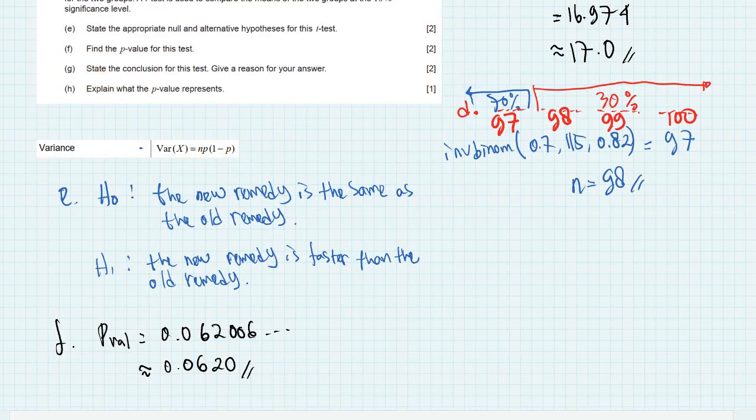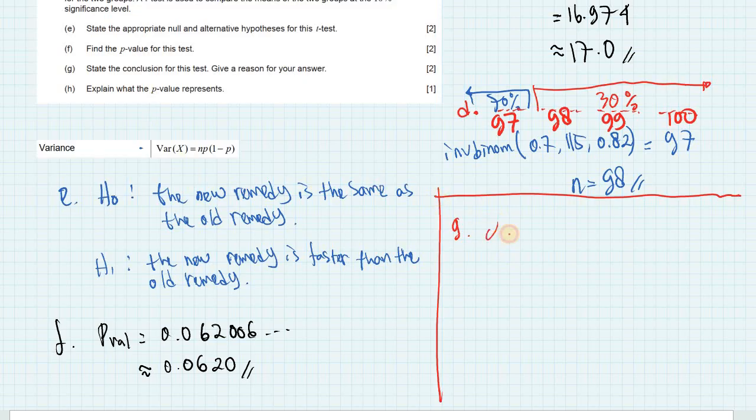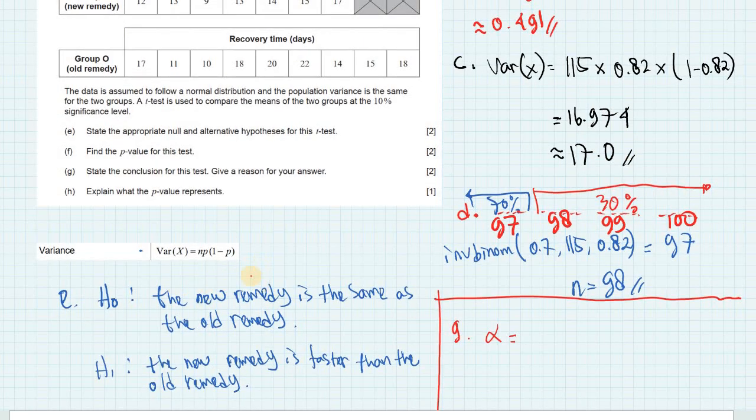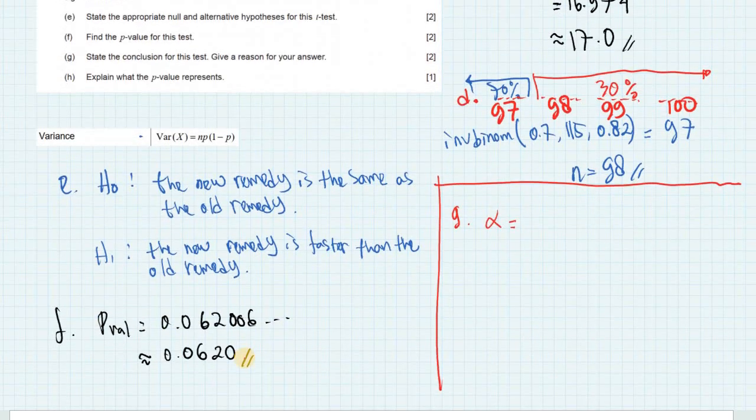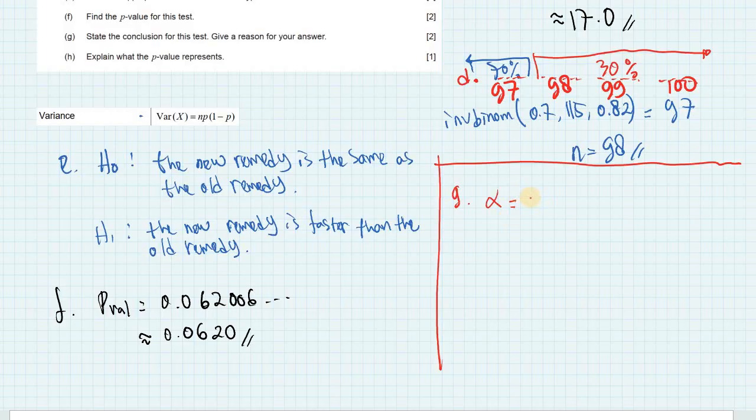Question G: state the conclusion. Because the alpha is, what was the alpha? The alpha is the 10% significance level. 10% is 0.1, and which one is bigger?